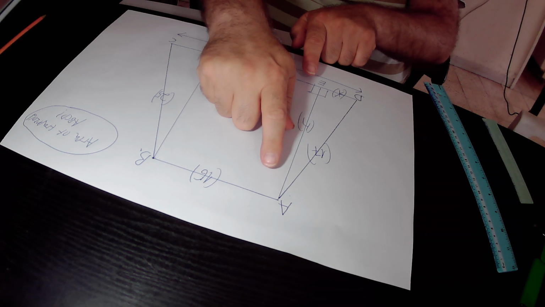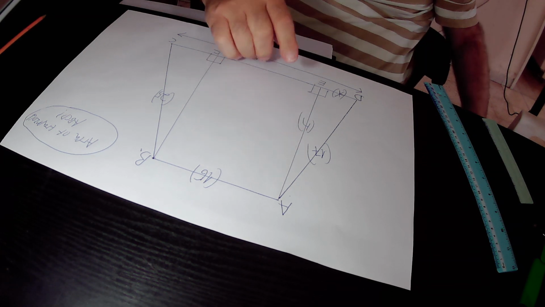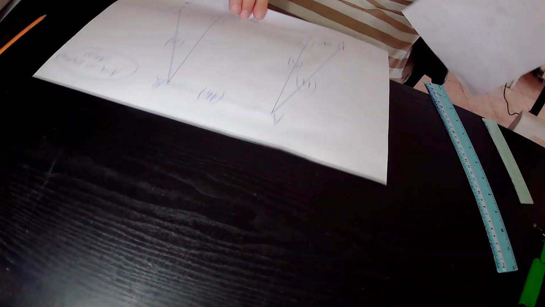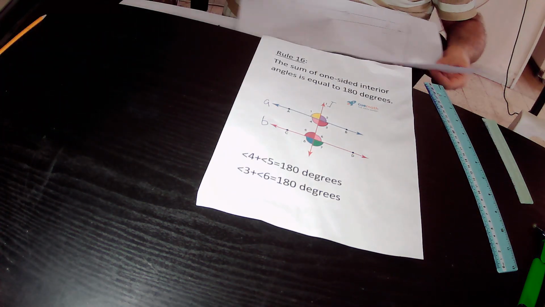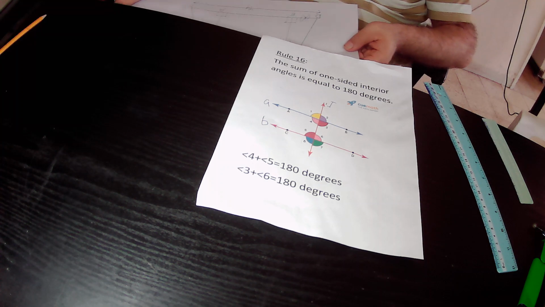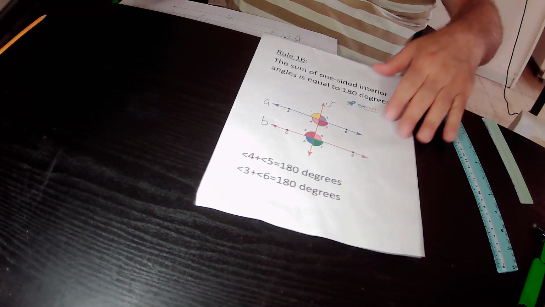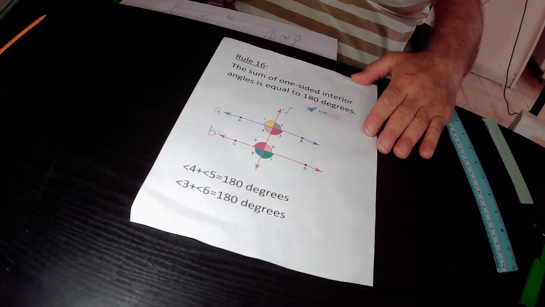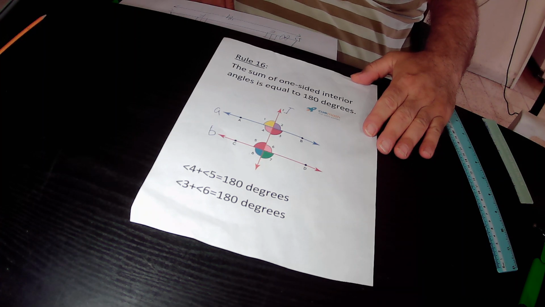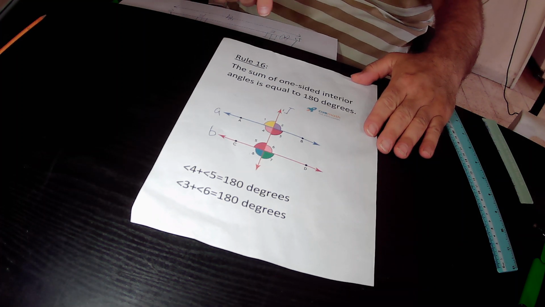According to rule 16, the sum of two one-sided interior angles is equal to 180 degrees. So I repeat quickly rule 16. According to rule 16, the sum of one-sided interior angles is equal to 180 degrees. So in the drawing, we have two lines.